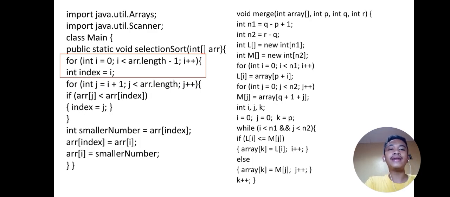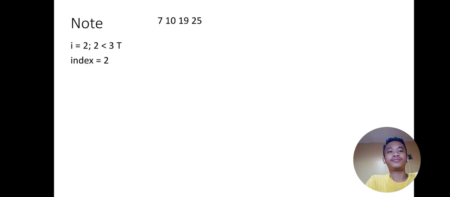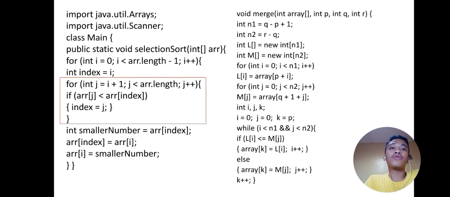So loop again. i would become 2 and 2 less than 3 is true. So therefore, index is equals to 2, right here. So perform again our inner loop.